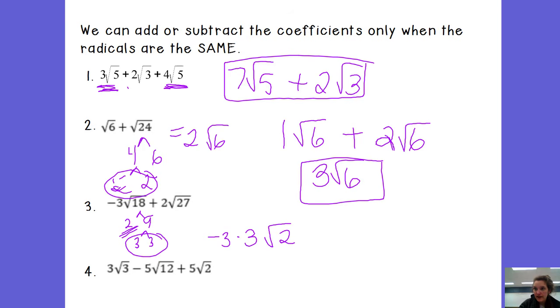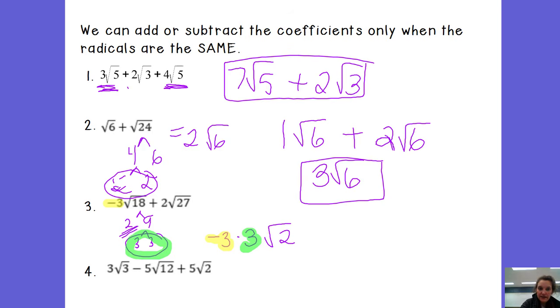So one more time. The negative 3 was already out front. The other 3 came from the pair of 3's underneath the radical. And then the 2 was left over.